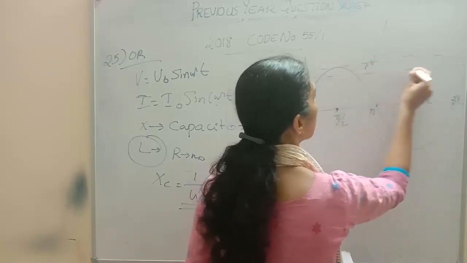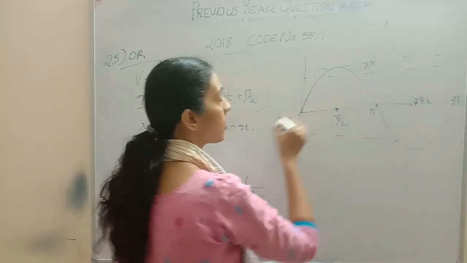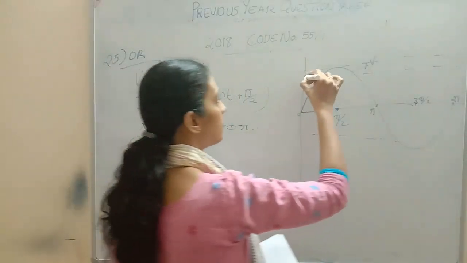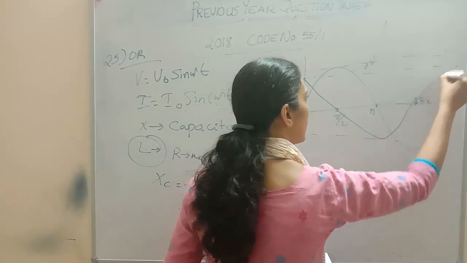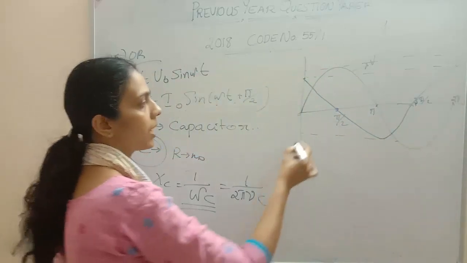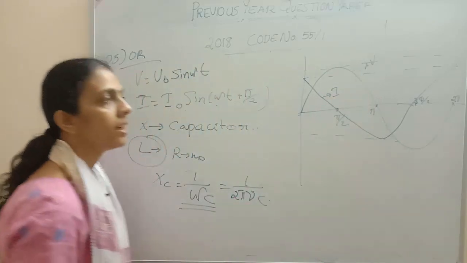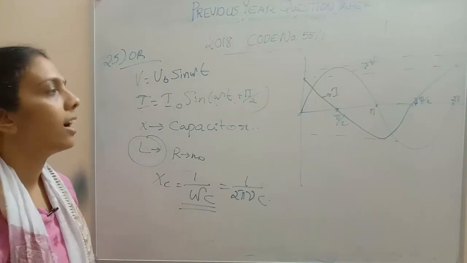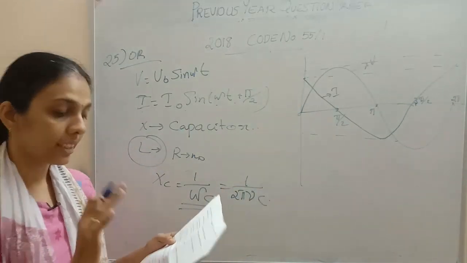It will be a little bit less, because V equals I into R. This one represents I, and the other one represents the voltage. This is the voltage and current graph.